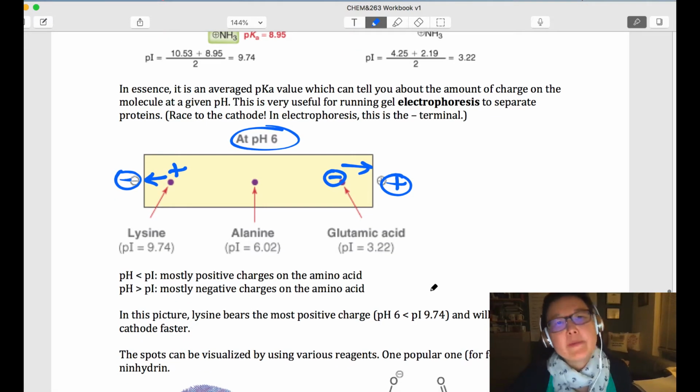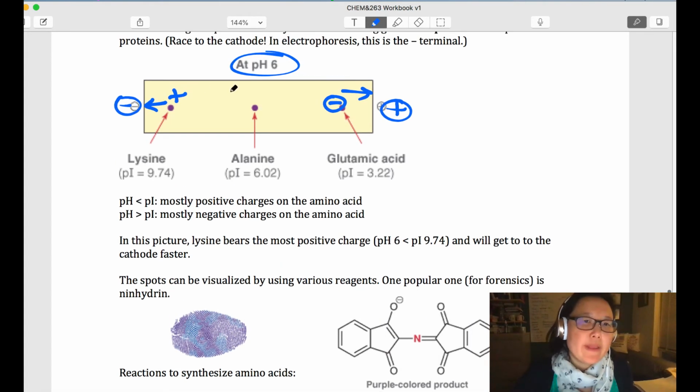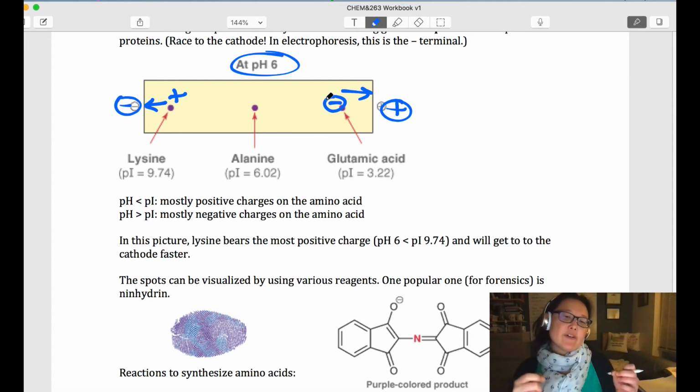And often what people do with these gels is they take a protein and digest it or break it into smaller pieces, and based on those amino acids and what charge they are, they flow through a gel at different rates. And so you can separate proteins this way. And by the way, one way that you can see where the proteins or amino acids travel is by attaching a dye to them.